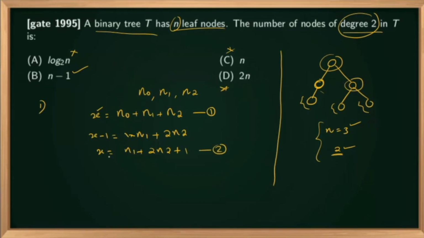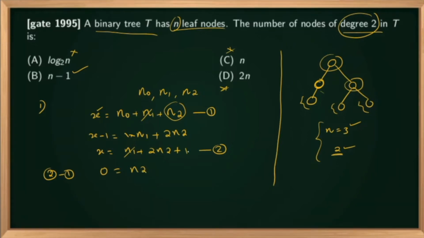Now I want to find the number of nodes with degree 2, so I need the answer for n2, right? What I'm going to do is subtract equation 1 from equation 2. x minus x will be 0, n1 minus n1 will be 0, 2n2 minus n2 will be n2.